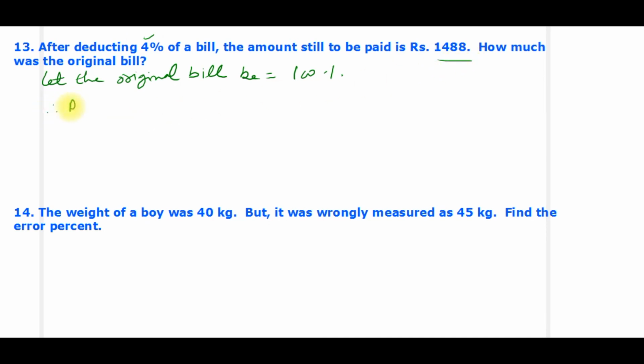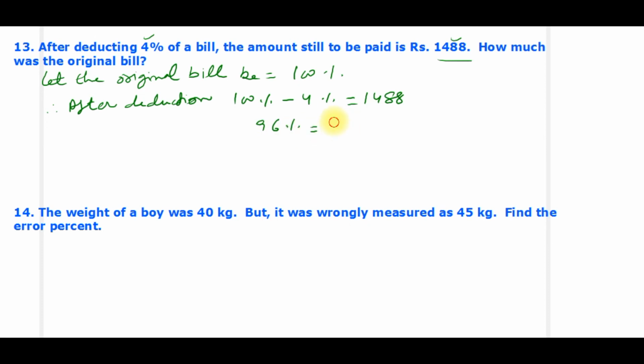Therefore after deduction it would become 100% minus 4%, which is equal to this in rupees, 1488.